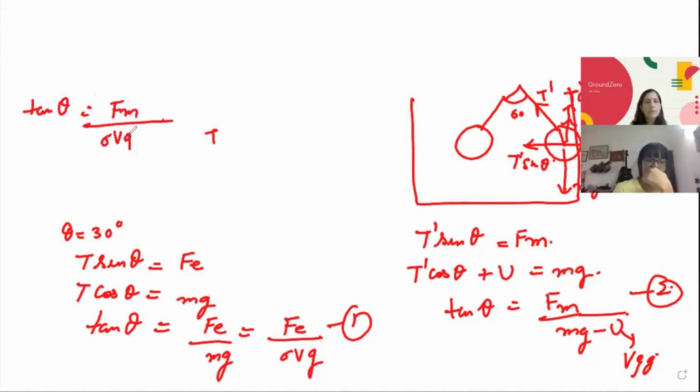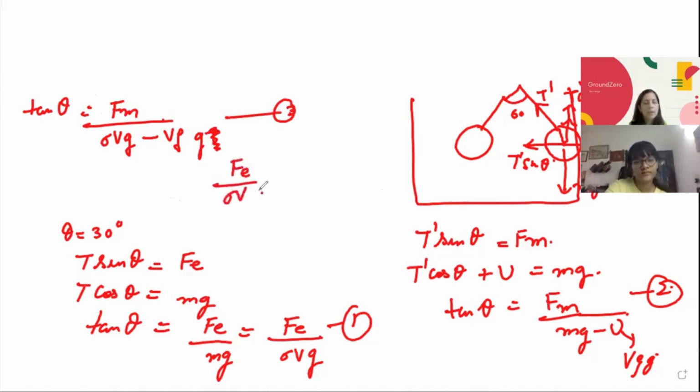You can put density sigma into volume into g, minus volume into rho into g. So now you got this equation. Now which two things will you equate? The tan theta, right? When you equate the tan theta, that is Fe upon sigma Vg is equal to Fm upon sigma Vg minus V rho g.